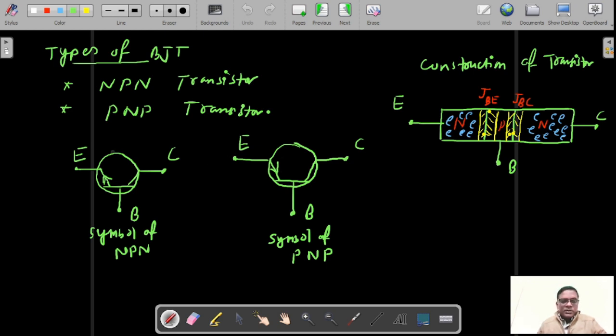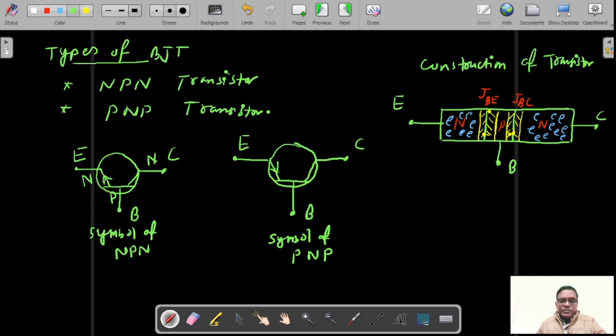If I write its name as NPN, this is the N region, this is the P region and this is the N region. So we can easily say that in the middle we get the P region. That means the P region is something like positive charge, and we can assume that the current moves out from positive to negative. So in the case of an NPN transistor, this arrow will be outwards.